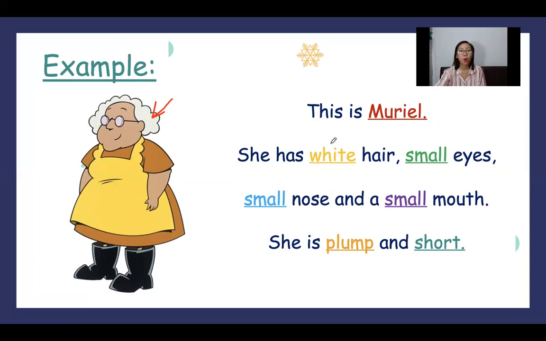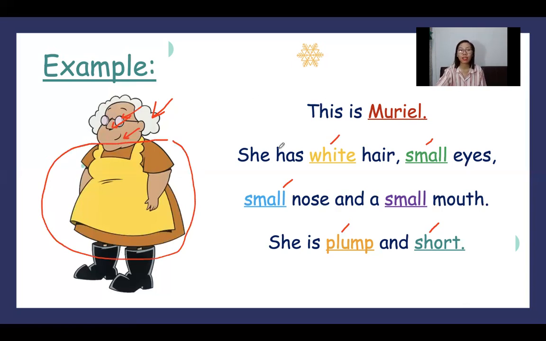No, she has white hair. Small eyes. I think she has small eyes. Small nose. And then a small mouth. Very small mouth. And she is plump, and I think she is short. Look at her body. She is plump and short.